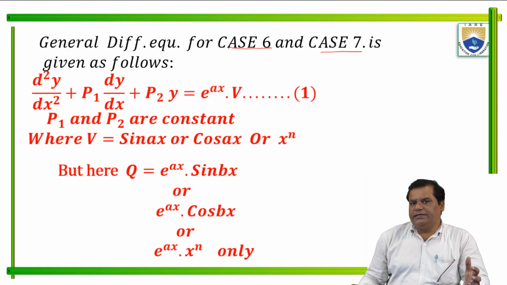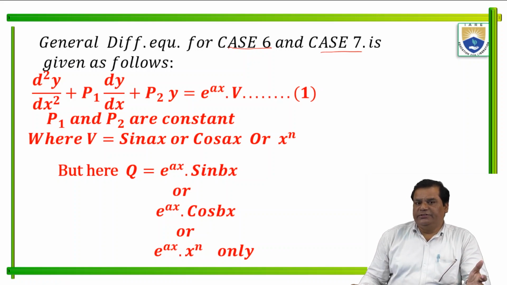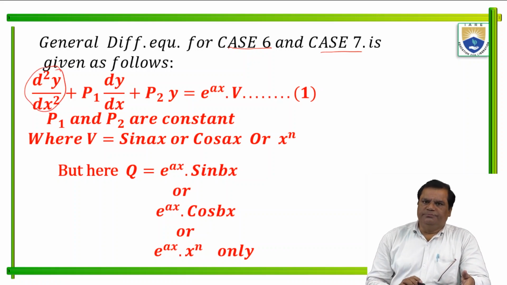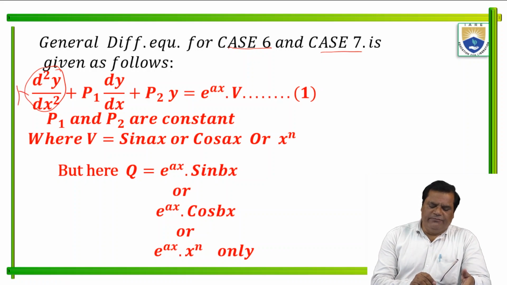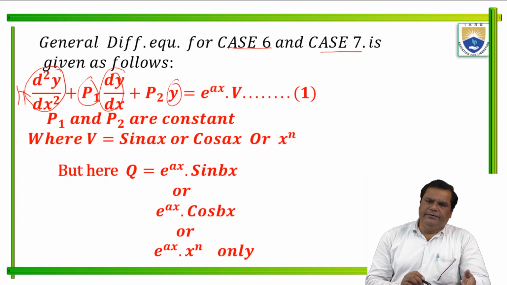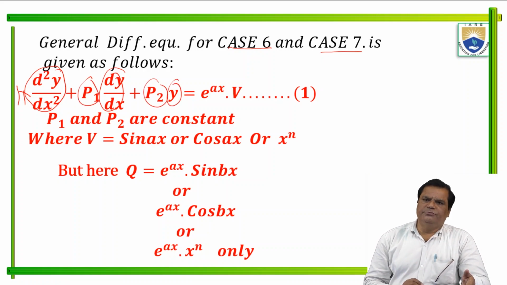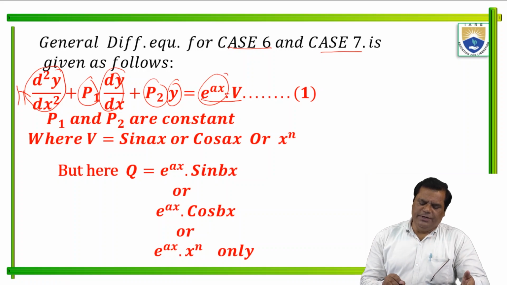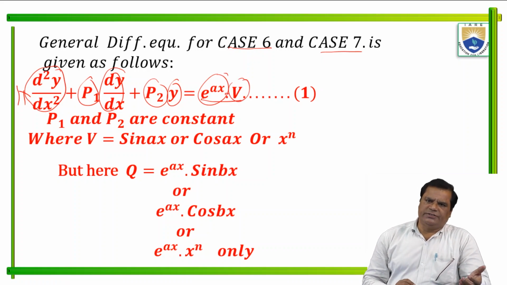So we want to discuss what the general differential equation of second order with constant coefficients is. Here d2y over dx2 is multiplied by 1, plus dy by dx multiplied by P1, plus y multiplied by P2, equal to e to the power ax, this is the exponential function, into V. V is some function.